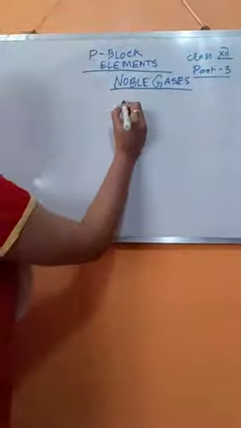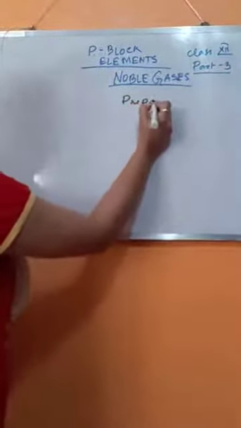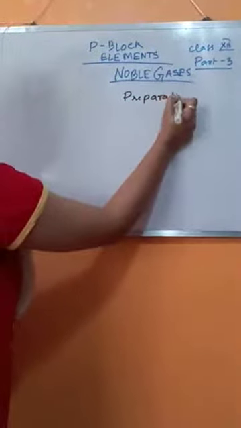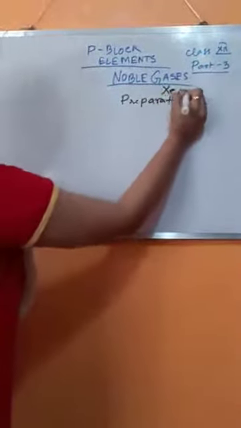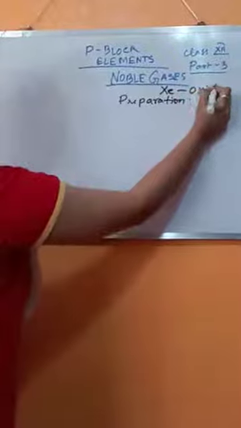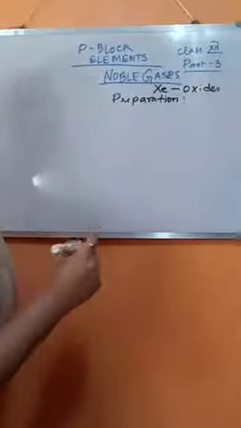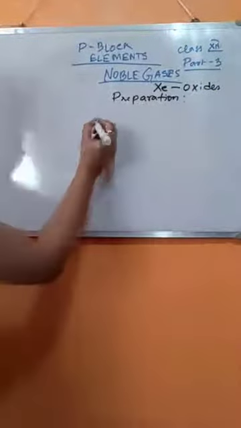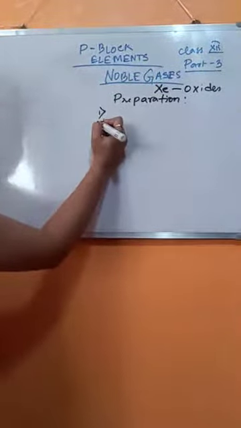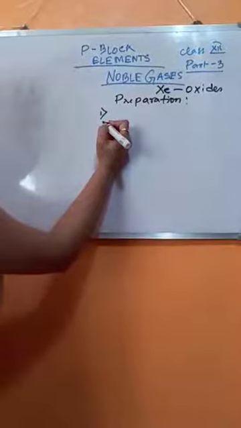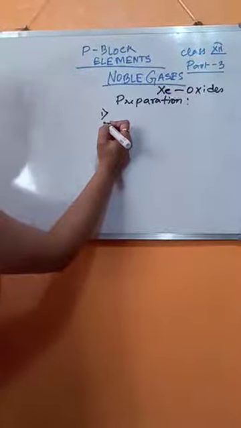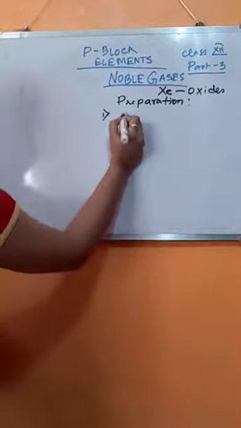Let's start with the preparation of xenon oxides. Xenon oxides are basically prepared by the hydrolysis of XeF4, that is xenon tetrafluoride, and xenon hexafluoride. So let's come up with the reaction.